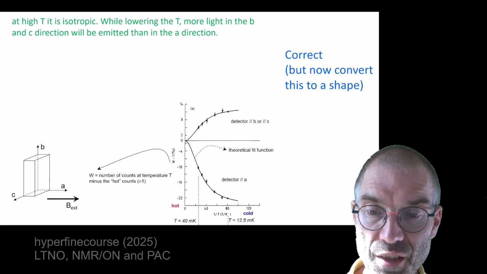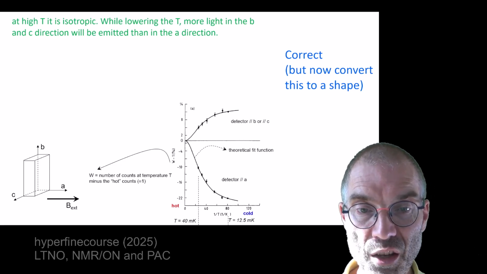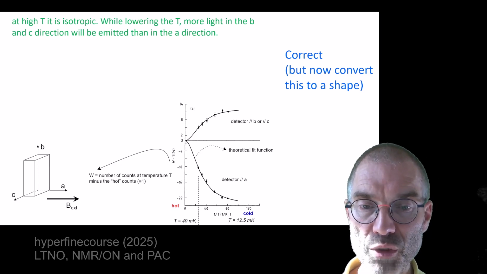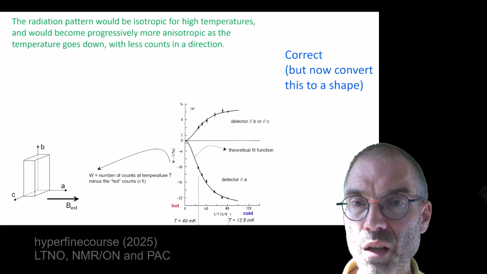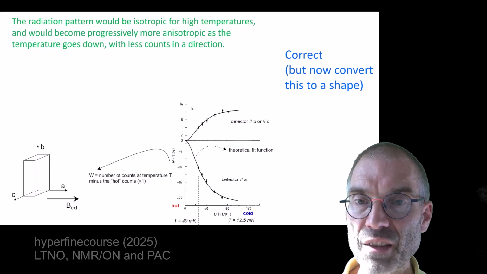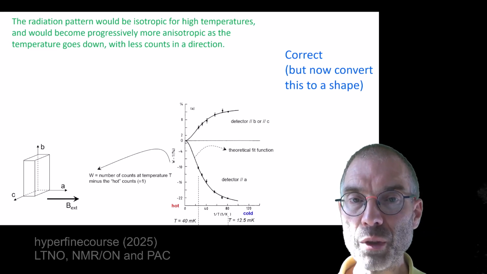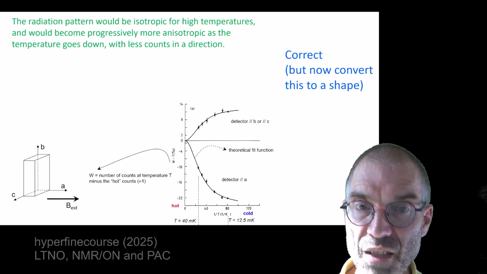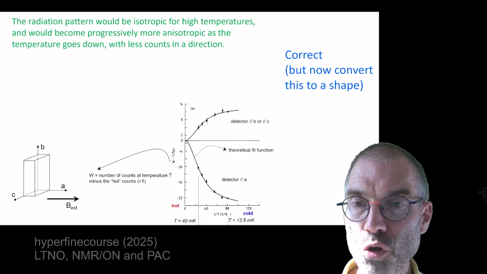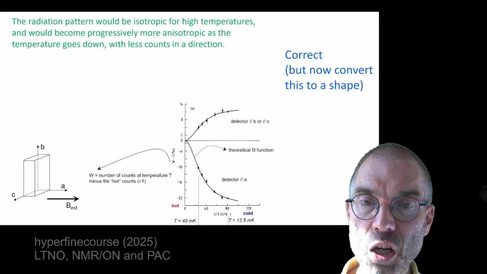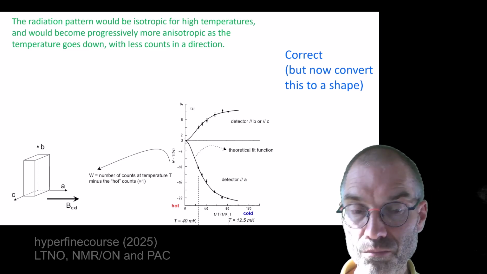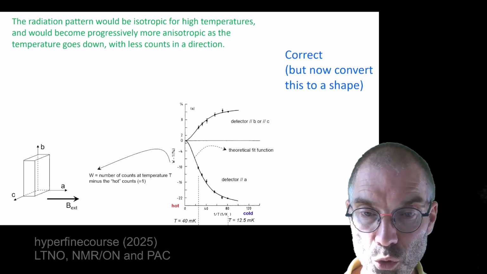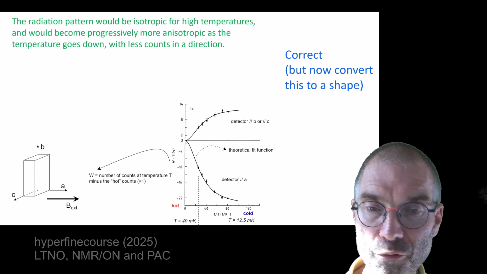Again, a correct description of what you see on the graph, but which pattern corresponds to that? Another answer: the radiation pattern would be isotropic for high temperatures and would become progressively more anisotropic as the temperature goes down, with fewer counts in the A direction. Same comment as before, correct observation, but what does it mean in terms of orientation?